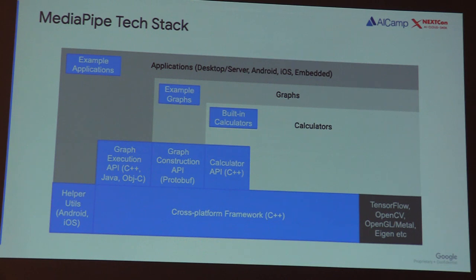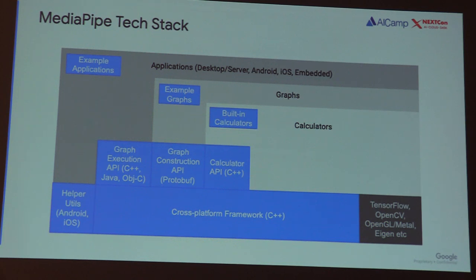So you can see that the framework is implemented mostly in C++, and that's our main technique for cross-platform support. We keep the framework pure C++ and we can just compile it on various platforms. There's a small set of utilities which are platform specific for things like Android and iOS to help out with diagnostics on those platforms.